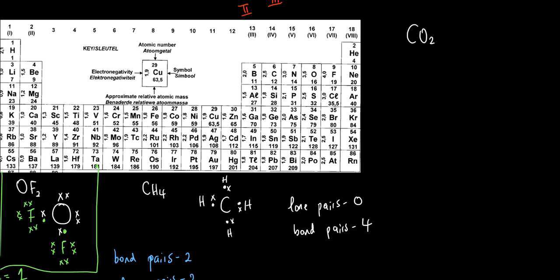Carbon is central. Should I show it for surrounding it, or it's for surrounding it? Okay. So I will have 1, 2, 3, 4.